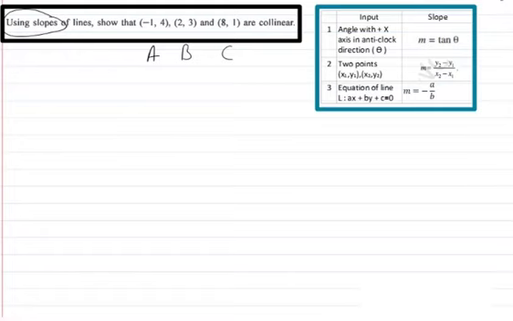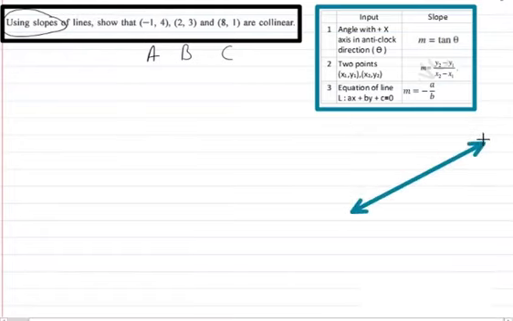Now let me show you graphically that if this is our line and if A, B and C are on the same line, then we should consider that the slope of AB and the slope of BC must be equal, right? So let's try to find the slope of AB and BC.